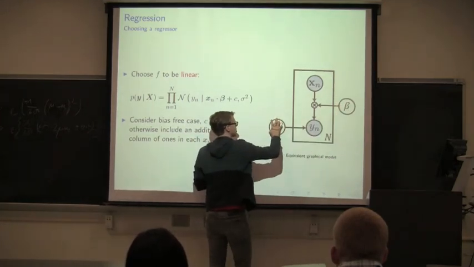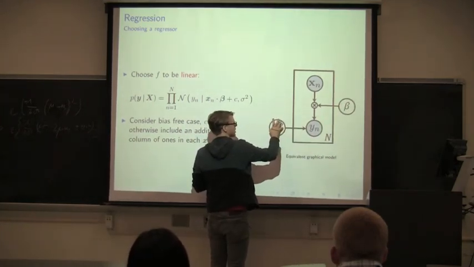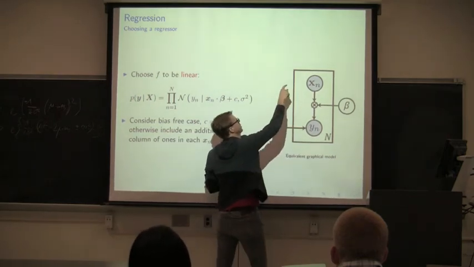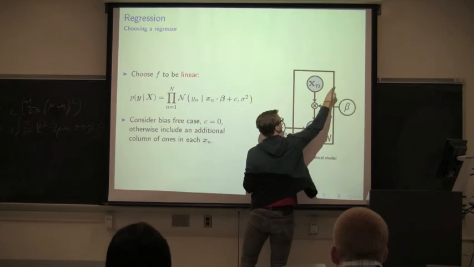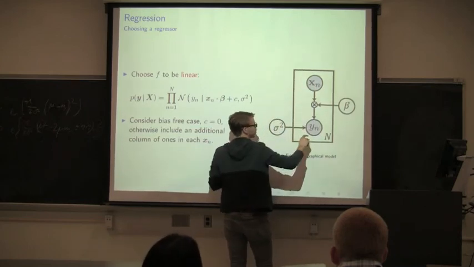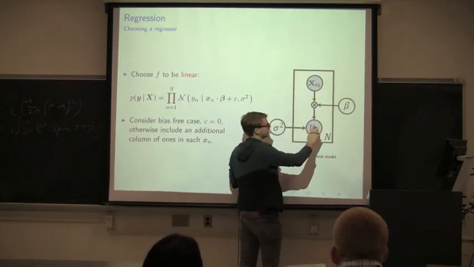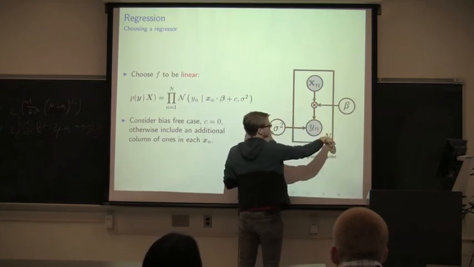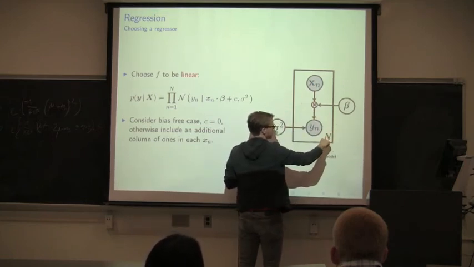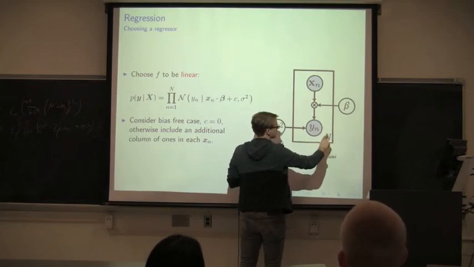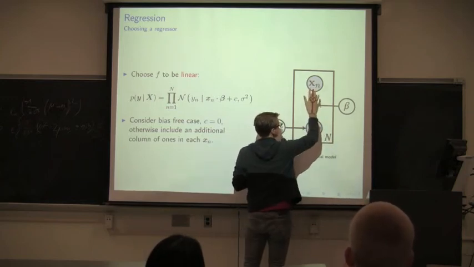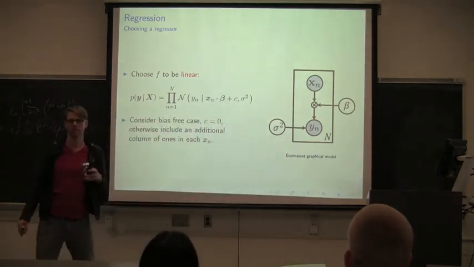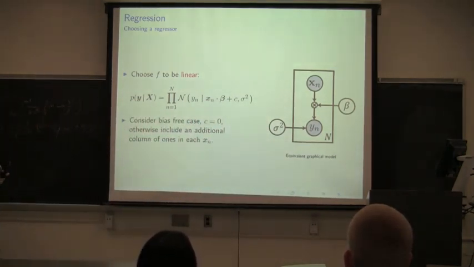Everything that is just a dot will be there once, and these plates are a way to replicate everything that's in a plate. So if we write down this rectangle, which we call a plate, with an n, it means that there are n x's and n y's, as many as we have data points.